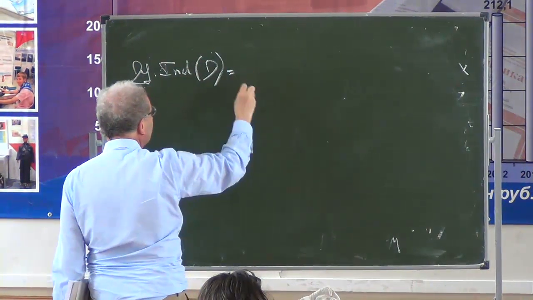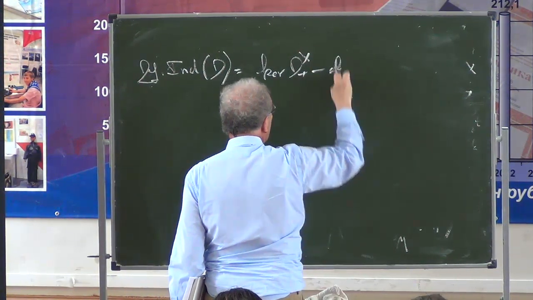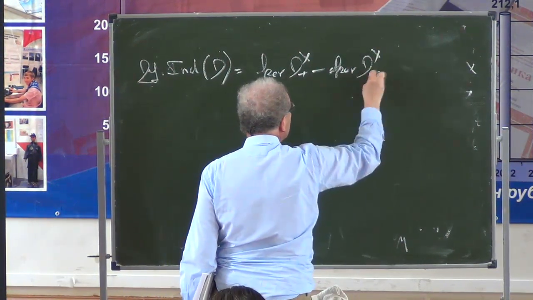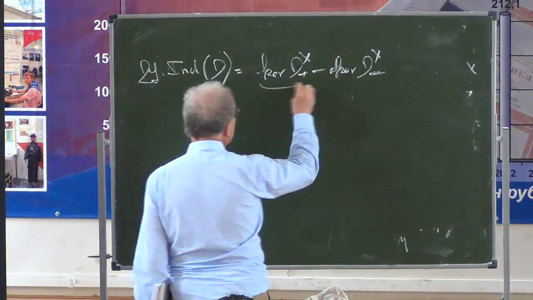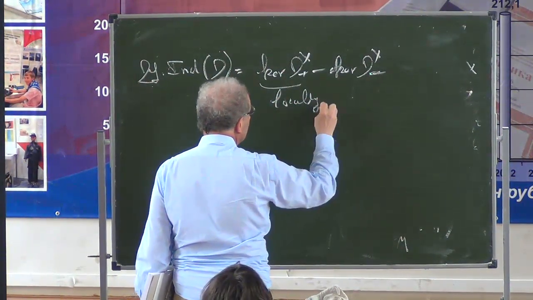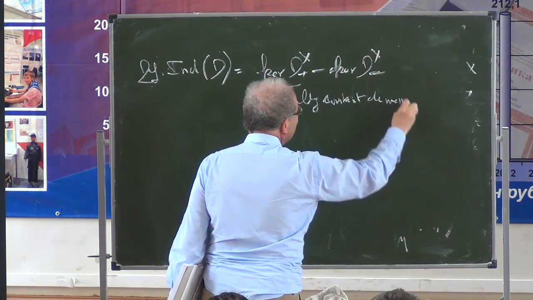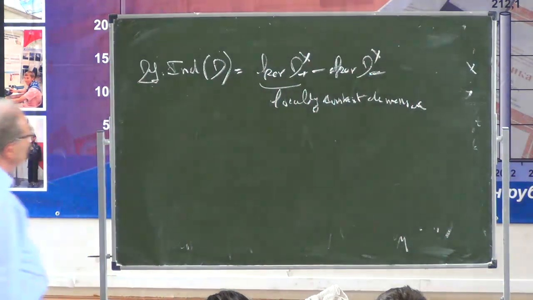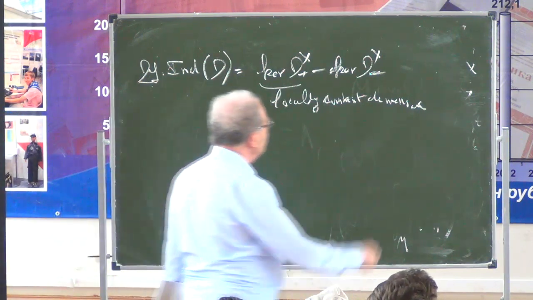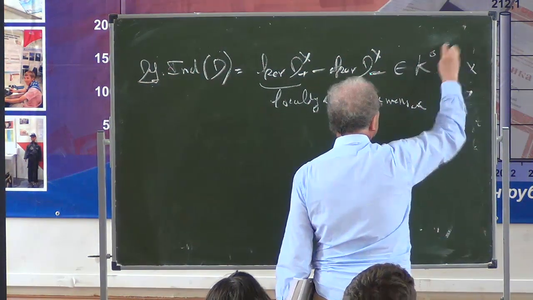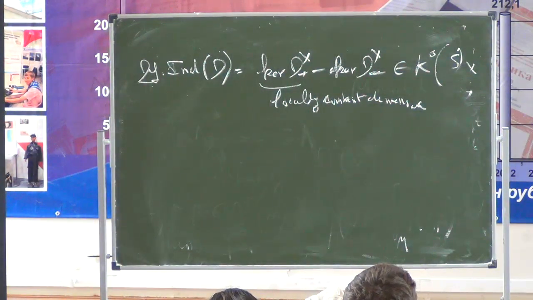Literally speaking, I define it as the kernel of D_X plus minus the kernel of D_X minus. And to simplify things, I assume that these have locally constant dimension. This is not really a serious restriction, so that indeed this is an element in the so-called K-theory of the base. You don't need for this course to know what topological K-theory really is, but anyway.